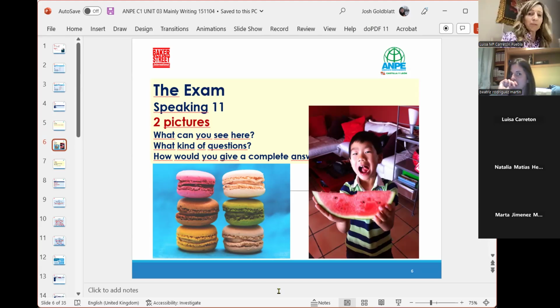So, Luisa, please, can you tell me which do you think would be the best example, on a poster or an article about giving your children sweet things? Which would be the best? In my opinion, the first photo should be better for a poster because in the first we can see 6 macarons with different colors. For example, pink, brown, yellow, green, and it means different flavors, for example, strawberry, melon, lemon, orange.